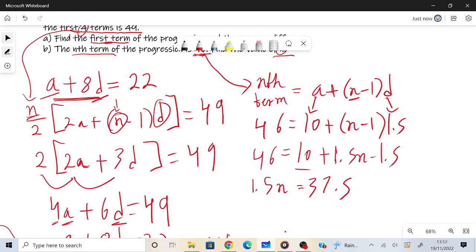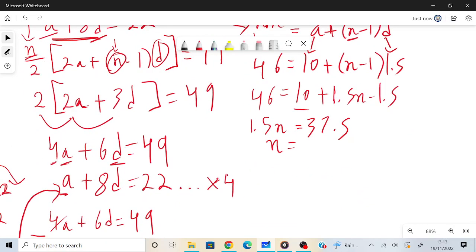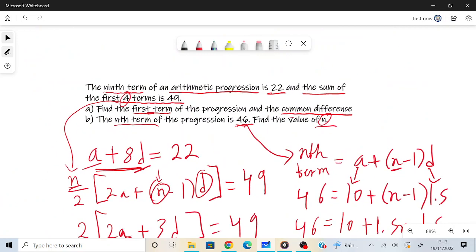So 10 minus 1.5 gives 8.5, and then 46 minus 8.5 gives 37.5. And to solve for n, just take 1.5 to the other side, divide 37.5 by 1.5, and your n should be 25. And that is the complete answer to the first example.